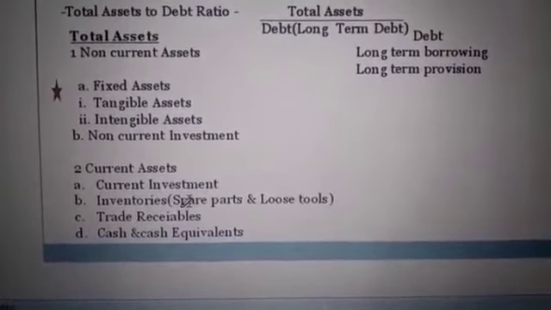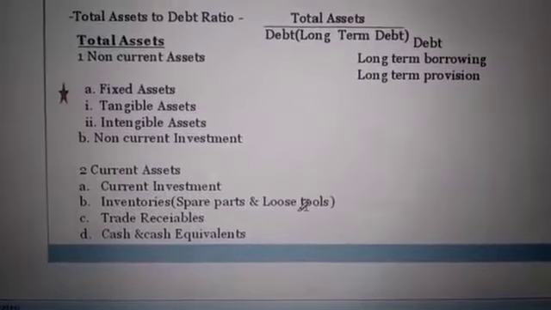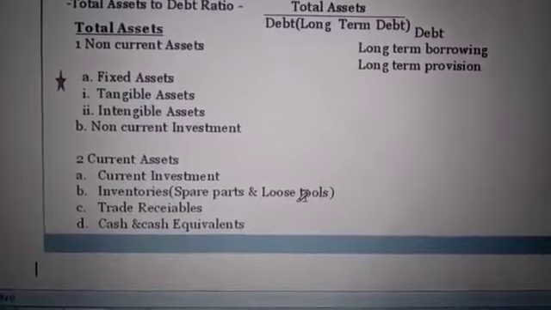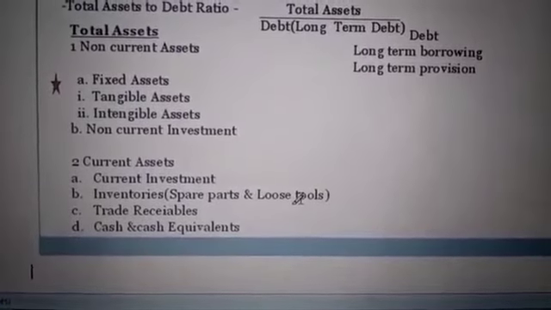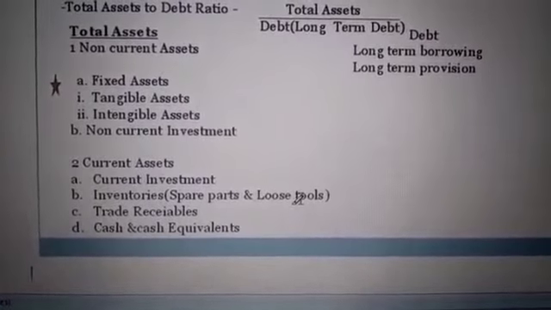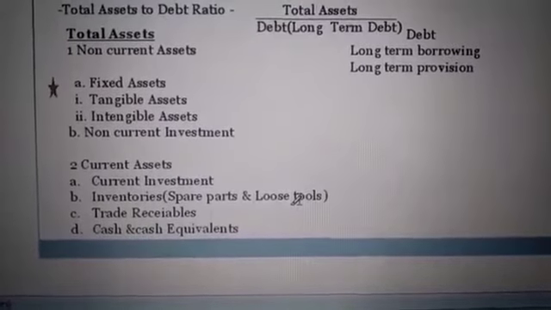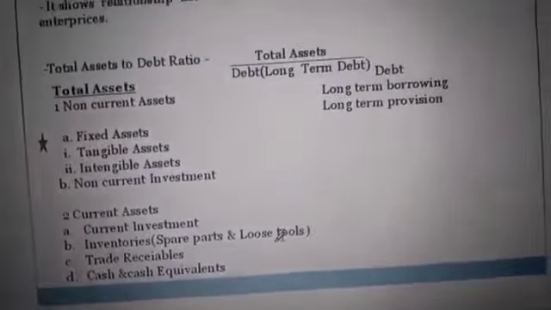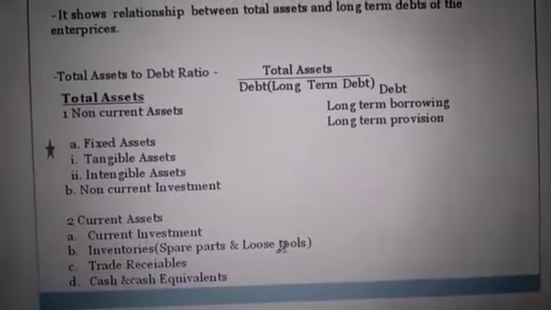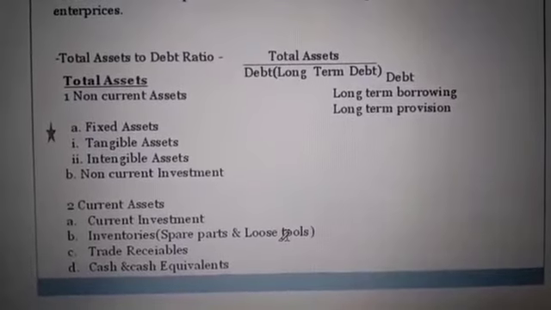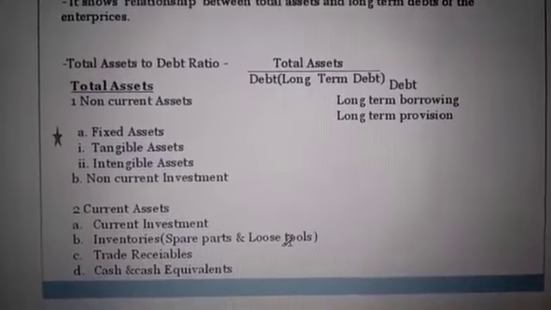What is new? Yes, spare parts and loose tools are included. Before, in finding the current ratio, we were excluding it. We are not including it there, but now it will be included. Spare parts and loose tools will be included in the inventories. So that is the new thing in finding this ratio, the total asset to debt ratio.